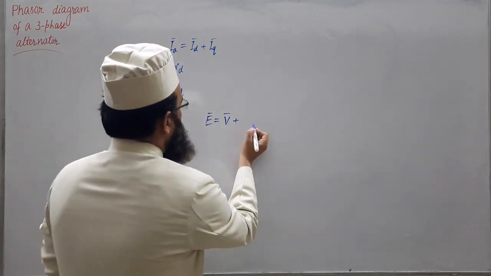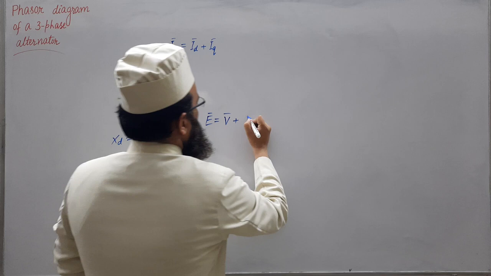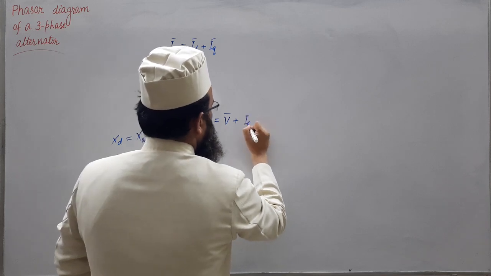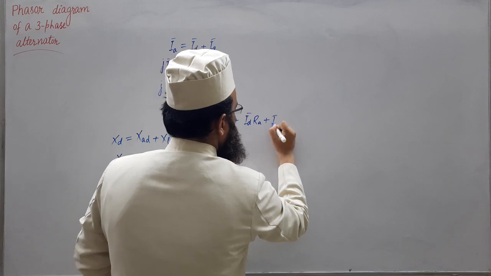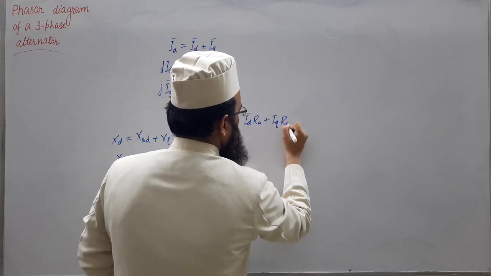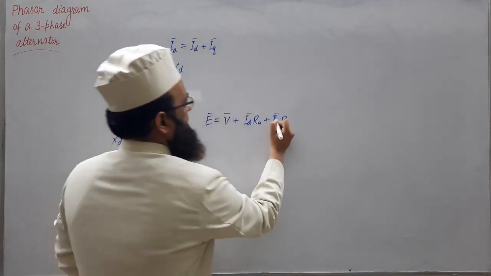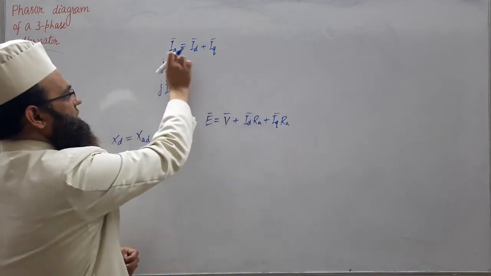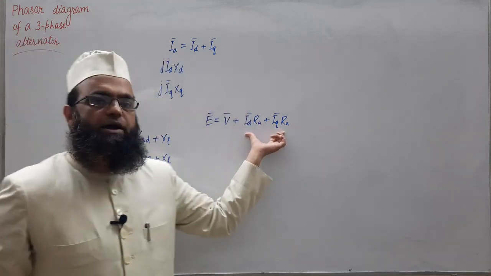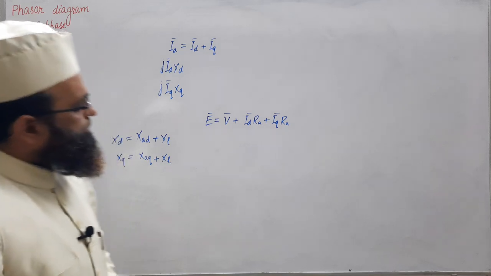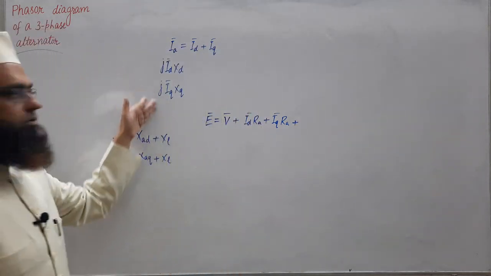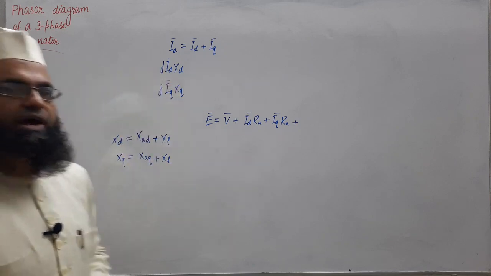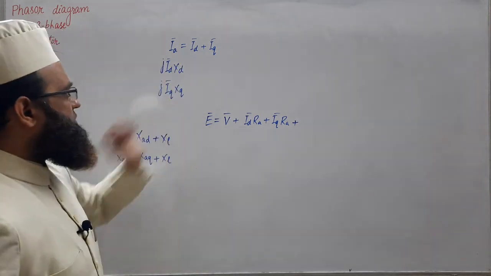We may write it in terms of components, ID RA plus IQ RA. These two phasors together with IA give the IA RA drop. Plus the drops due to armature reaction and leakage reactance along the D axis and Q axis.